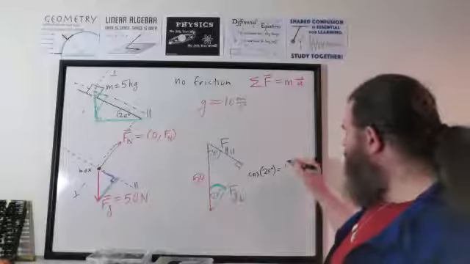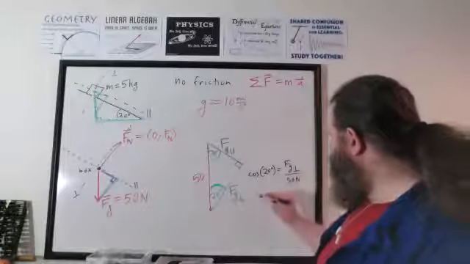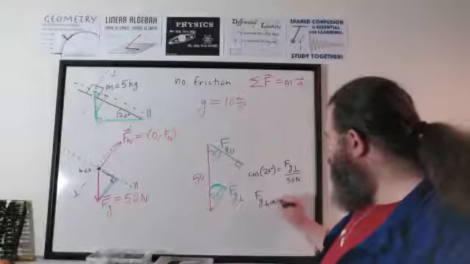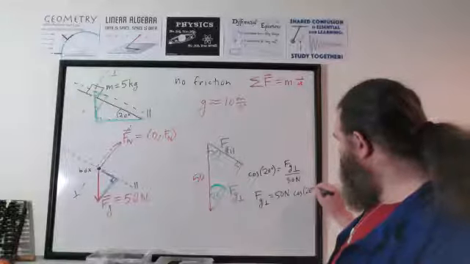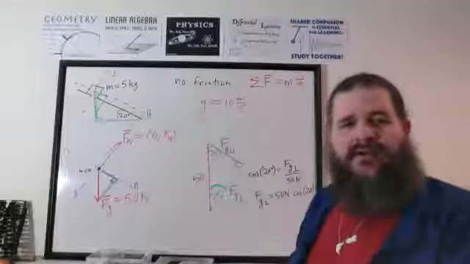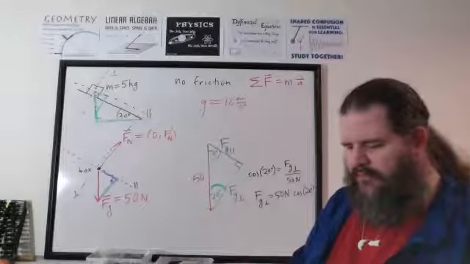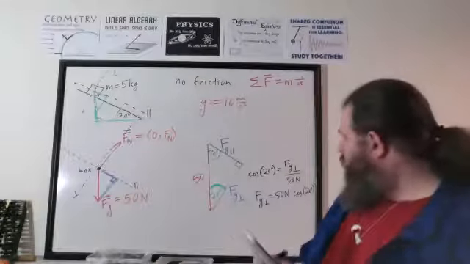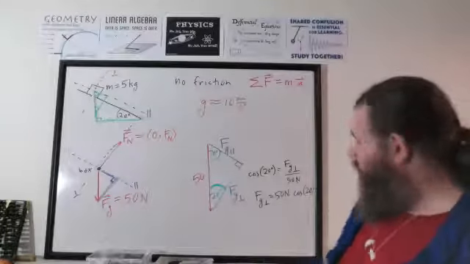That's the perpendicular side over 50 newtons. So FG perpendicular is 50 newtons times cosine of 20 degrees. And cosine of 20 degrees, you can look up on a trig table or type into a calculator. Make sure you're in degree mode. So 50 times cosine of 20 is about 47.